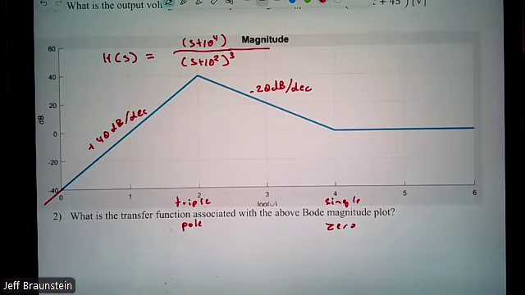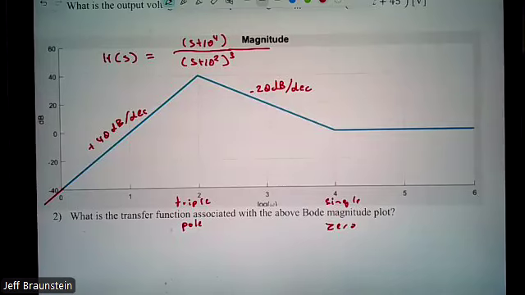It's a double 0. How do I know it's a double 0? Because my slope is plus 40 dB per decade going off to minus infinity. To get plus 40 dB per decade as a starting slope, I need an S squared term in my numerator, a double zero at zero.